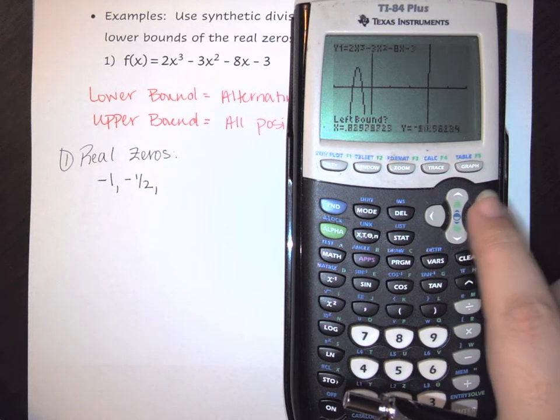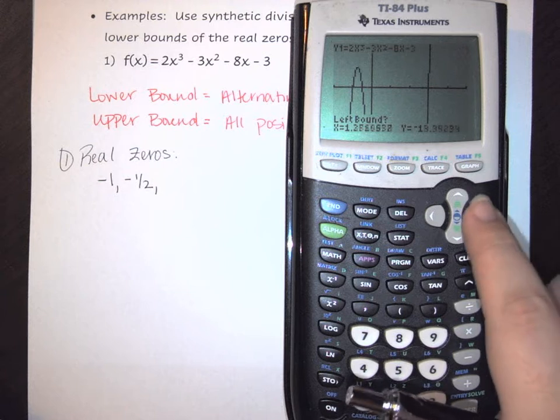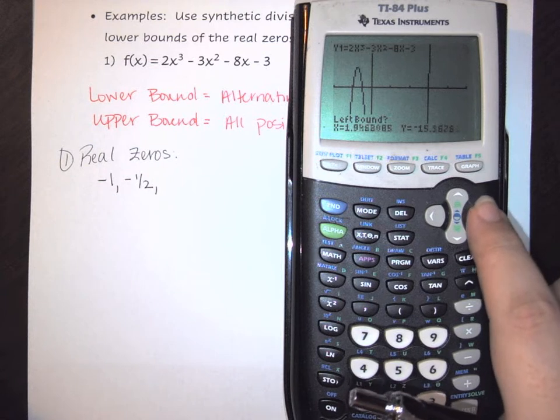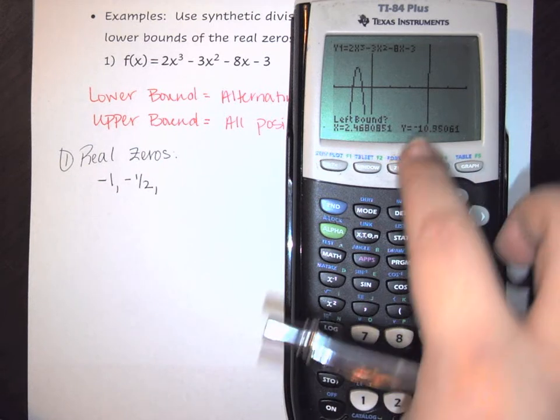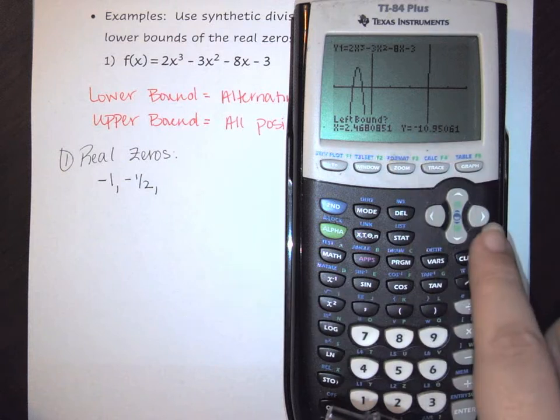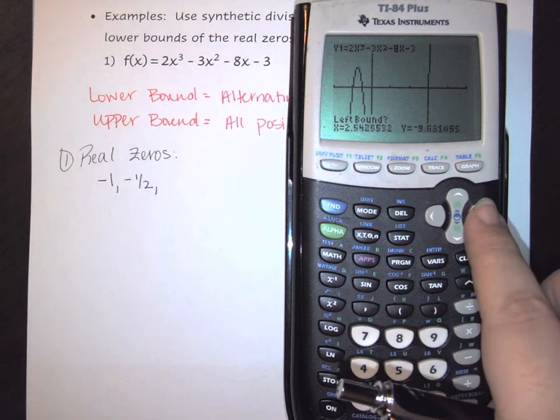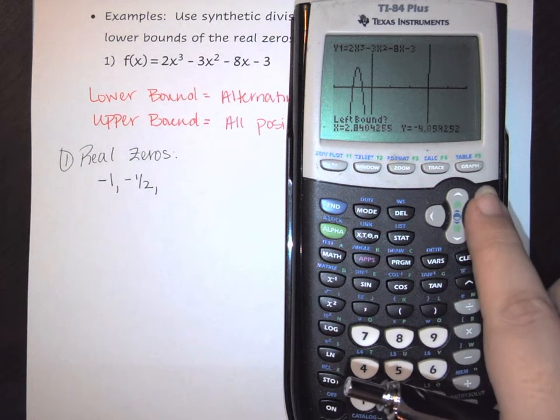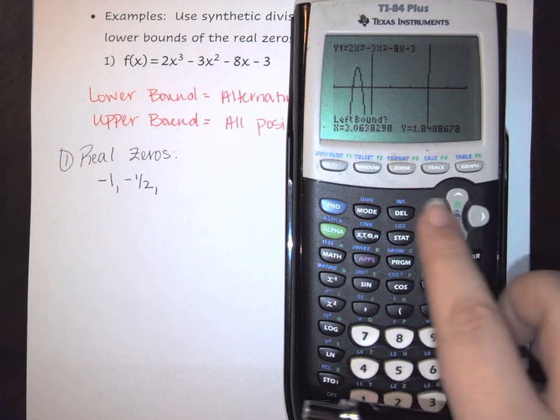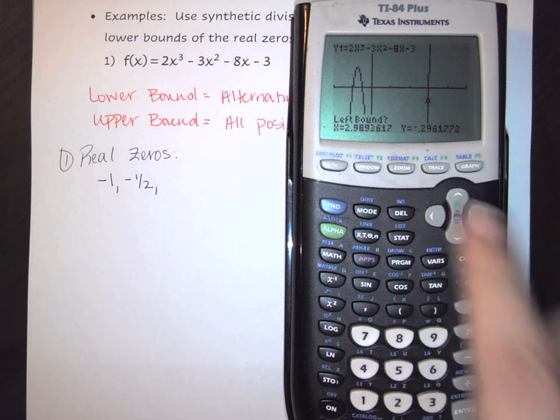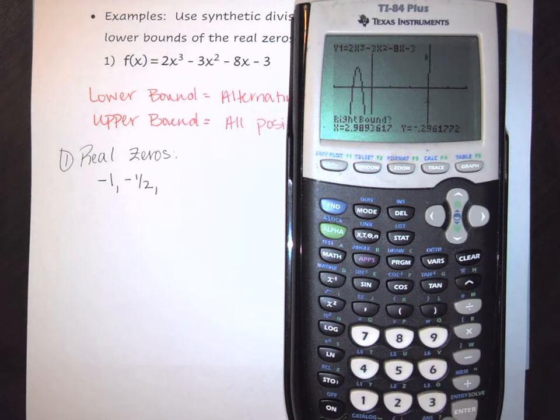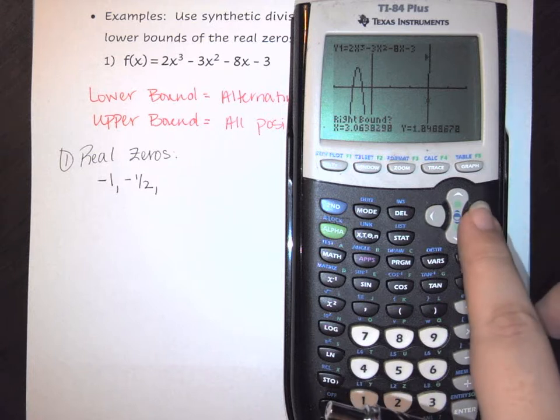So here you can see it. We click enter. It's on the left. We arrow it one more. Notice my Y value is now positive, so we're on the right hand side. Enter one more time, and it's going to tell us where we are, and we are at the value 3. So that's the first thing we need to do: find those real zeros.